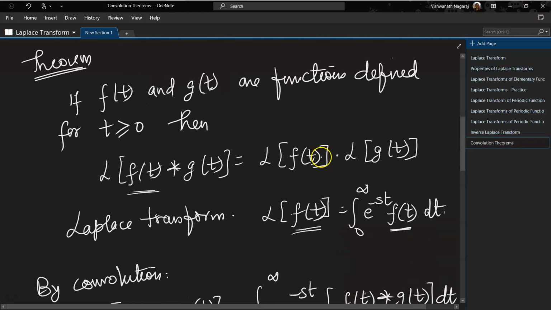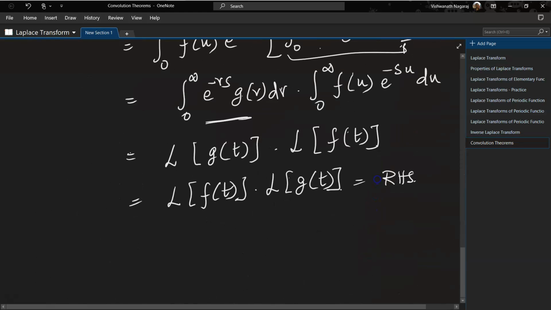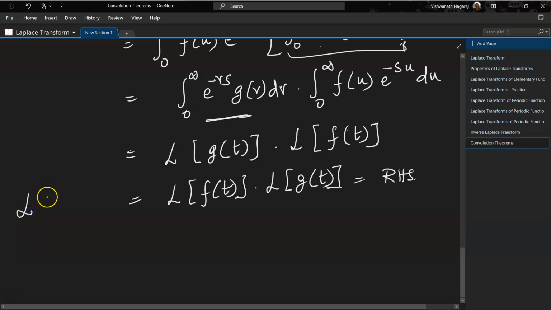And what is the left hand side? Left hand side is the Laplace transform of f of t convolving with g of t. So to evaluate the Laplace transform of the convolution, we arrive at the product of the Laplace transform of the two functions.